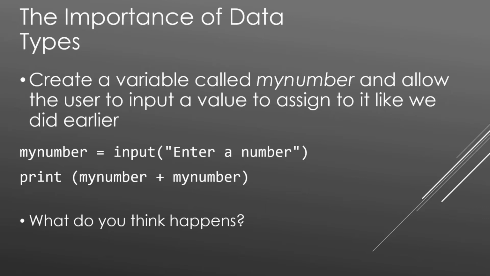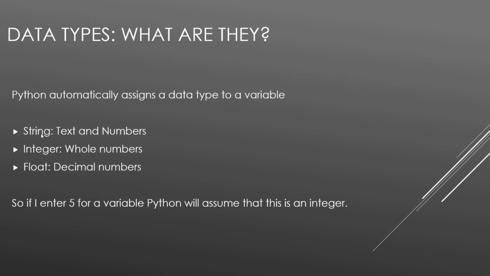That's because, and this is going to take a little bit of explaining, when we use an input like this, the default data type, remember thinking back to the presentation, the default data type that is assigned to that input is a string. So the computer considered what we entered as a string.